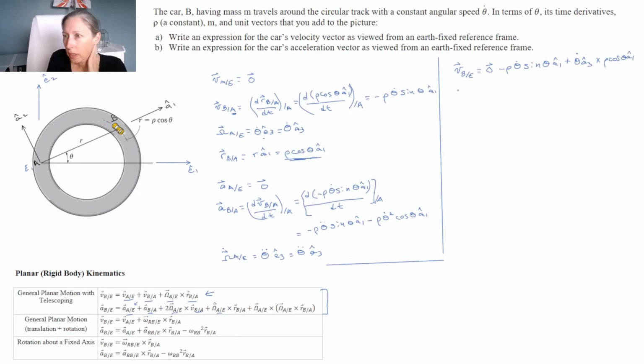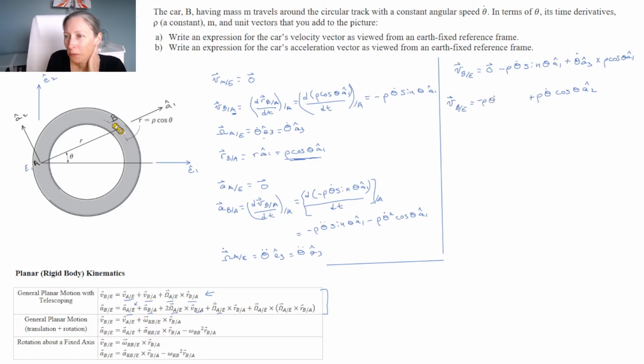Okay, and then I just take the cross product, so the velocity of B with respect to E is negative rho theta dot sine theta, and then A3 cross A1 is going to be positive A2, so this is going to be plus rho theta dot cosine theta A2, and oops, I forgot my A1, I'm sorry, let me get it in here.